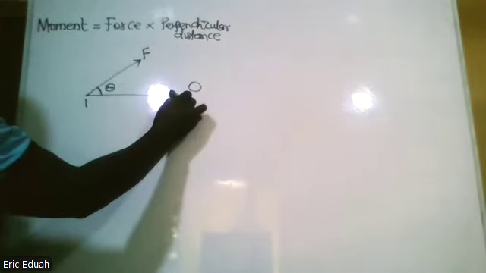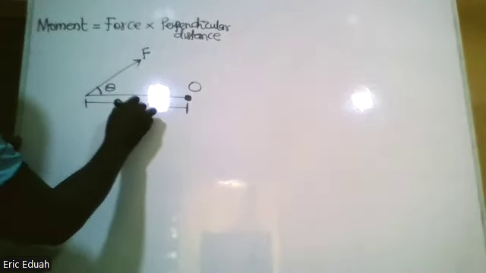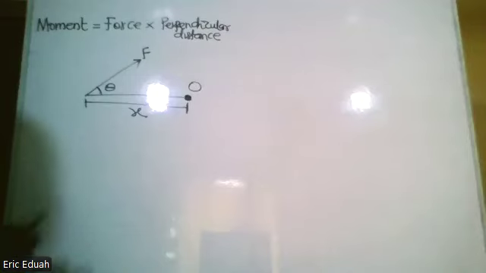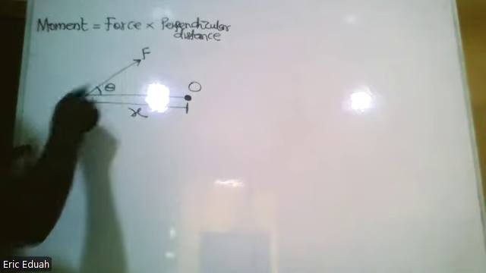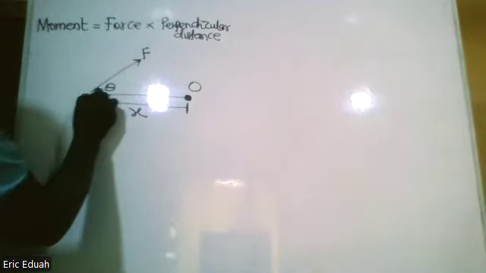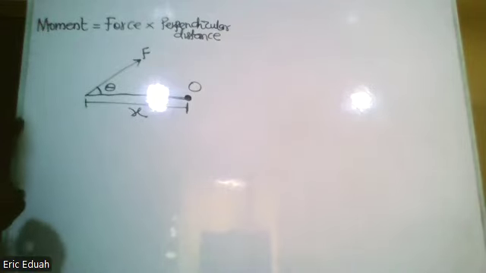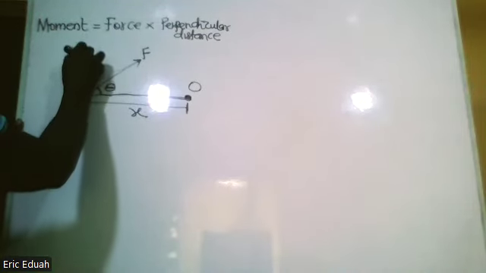The distance from the pivot to where the force acts, we are saying is x. We realize that to determine the turning effect produced, you must resolve this force to get a component of it which is perpendicular to the distance x before you can calculate the turning effect. So we resolved and then got this component.